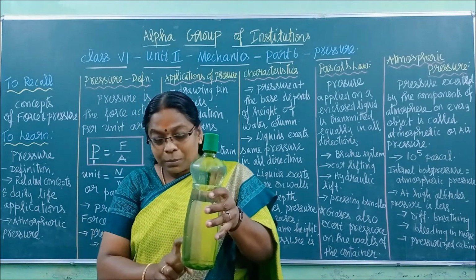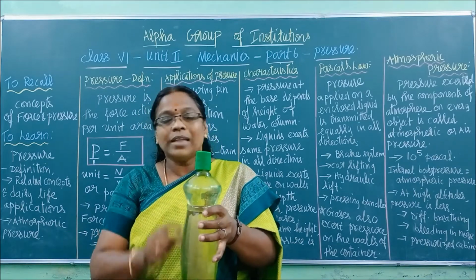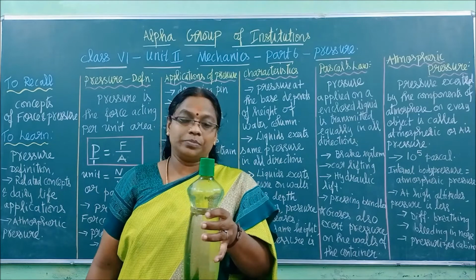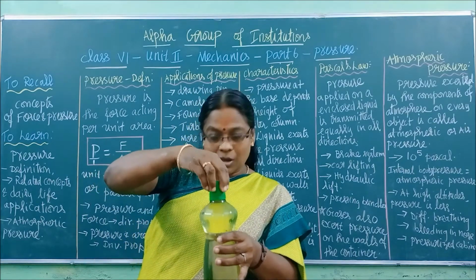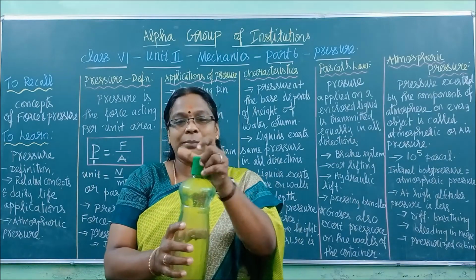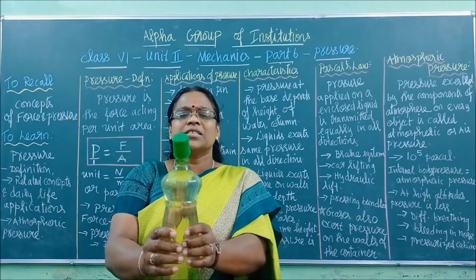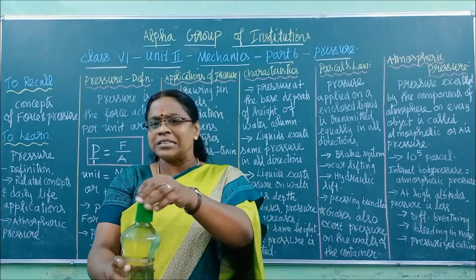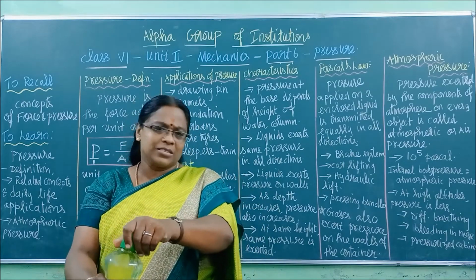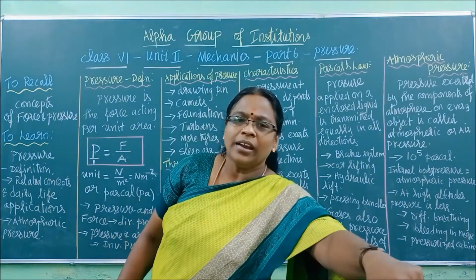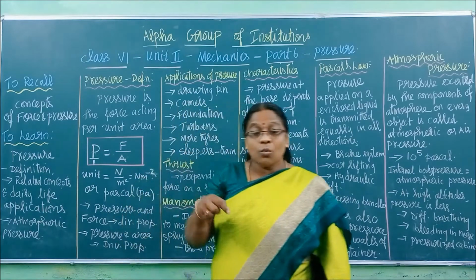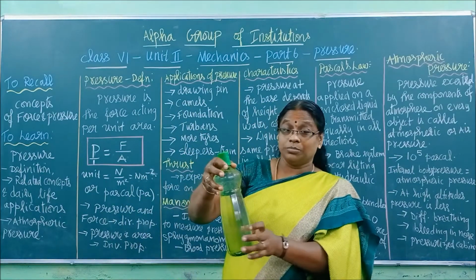Now I am giving pressure at the bottom. How does that pressure travel to the top, to tilt the cap? Now see, if I give more force, what will happen? See, the cap is easily coming out, right? So what is the factor that makes the cap dance like this? That is the pressure that I apply at the bottom, right?